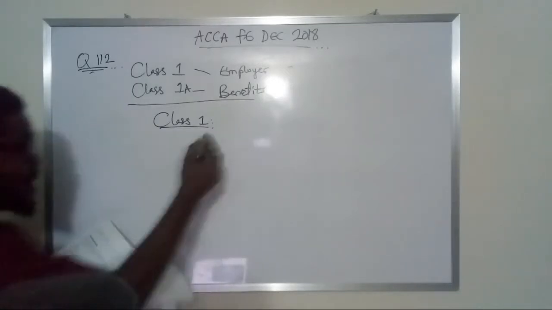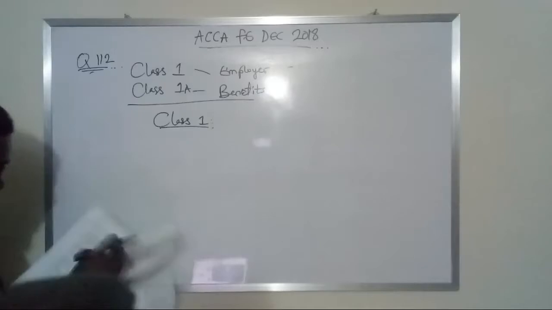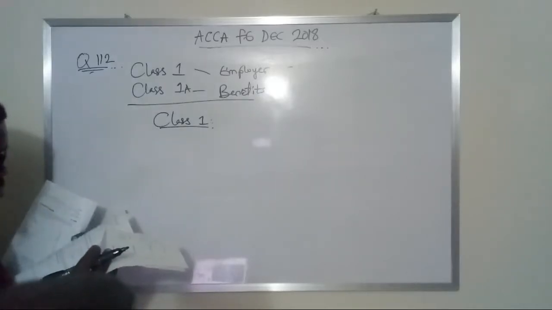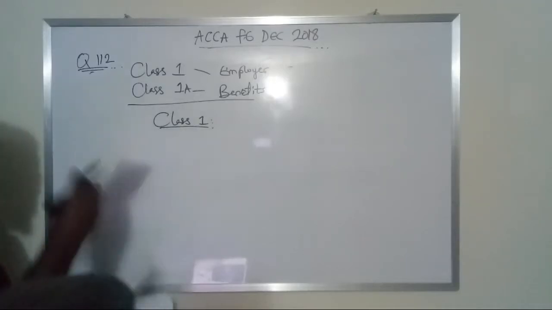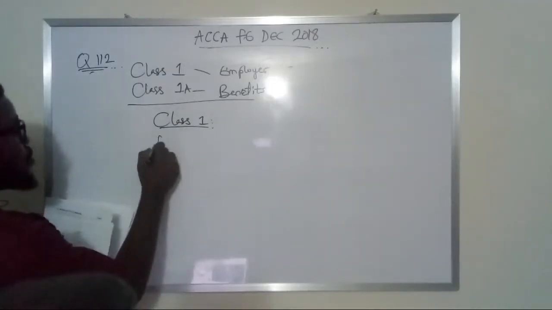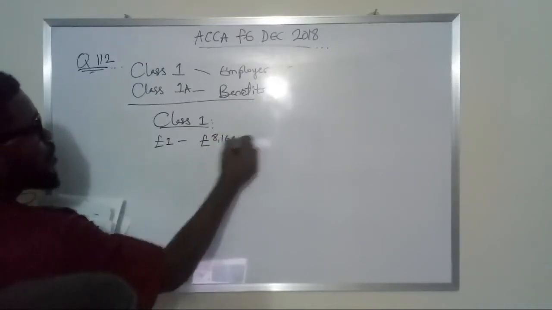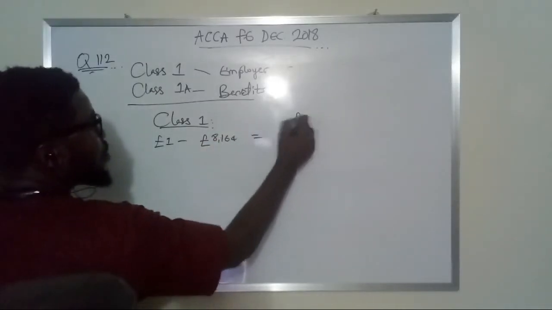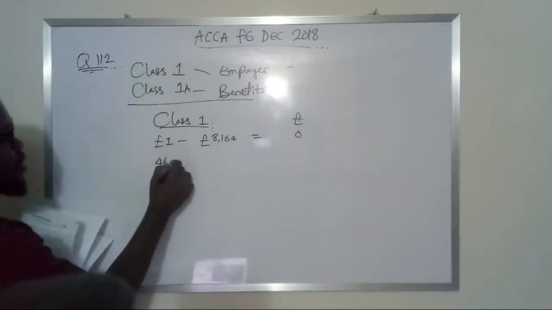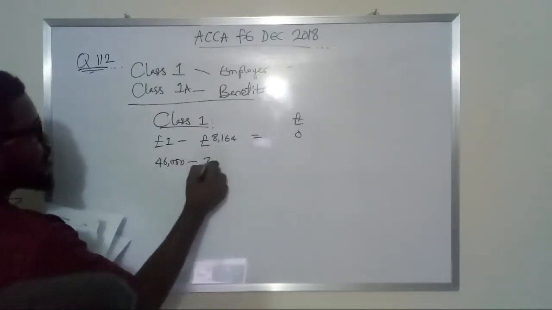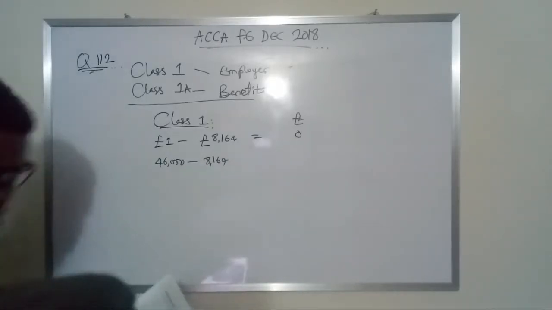So that means this employee earns £46,000 yearly. £1 to 8,164 is 0. So the next one will be 46,000 minus 8,164.